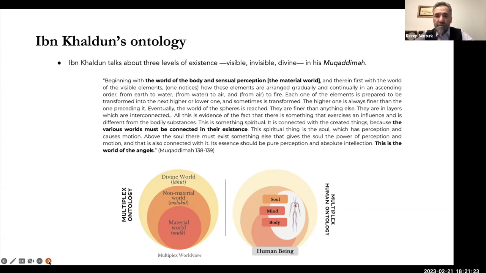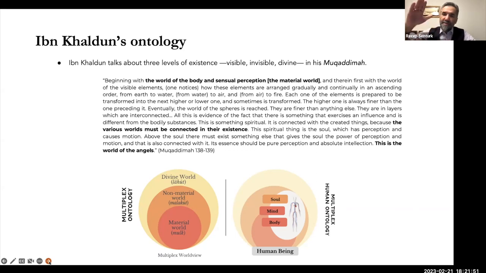So in his Muqaddimah, he wrote: beginning with the world of the body and sensual perception, the material world, and therein first with the world of the visible elements. One notices how these elements are arranged gradually and continually in an ascending order, from earth to water, from water to air, and from air to fire.